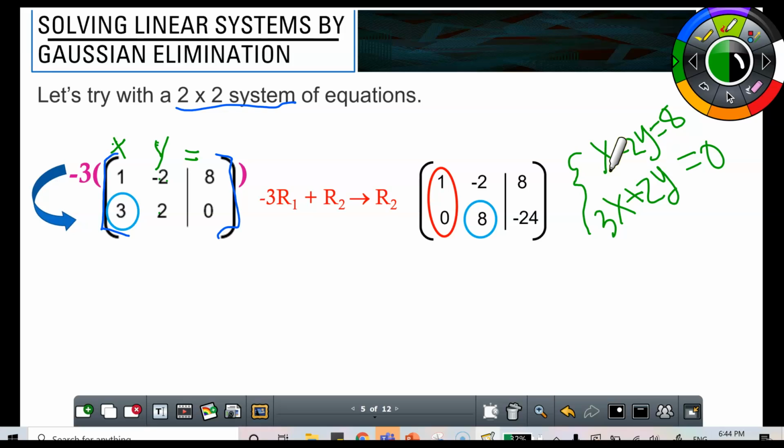When you take out the numbers in front of the x and the y, you have the augmented matrix. Here I just give you the augmented matrix and ask you to solve for x and y. So what are we going to do? We know the goal is to make the number under the diagonal become 0. How can we make the 3 become a 0 by manipulating the numbers here?